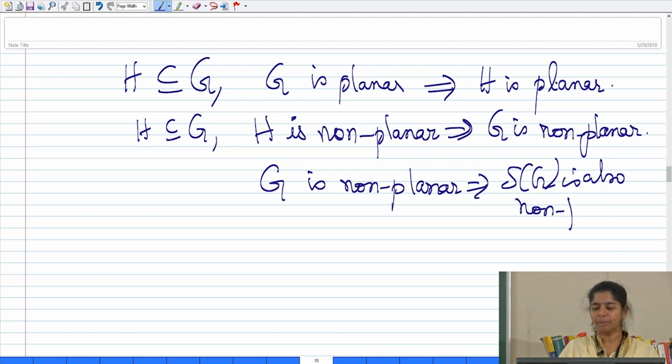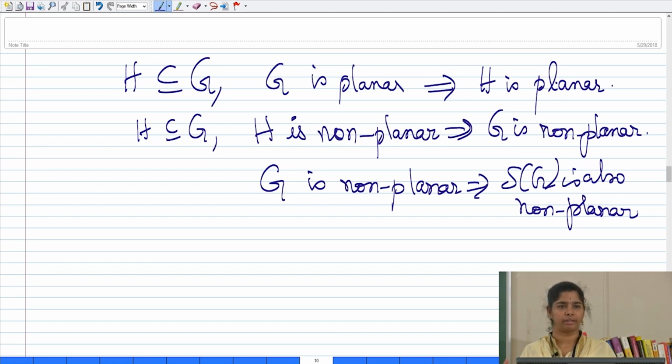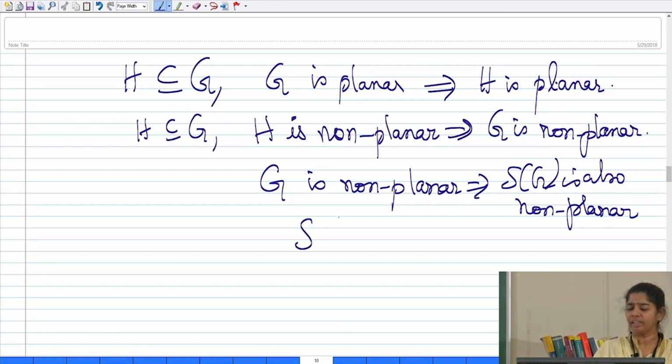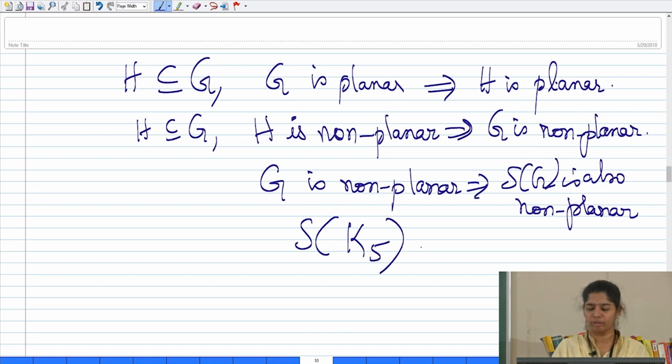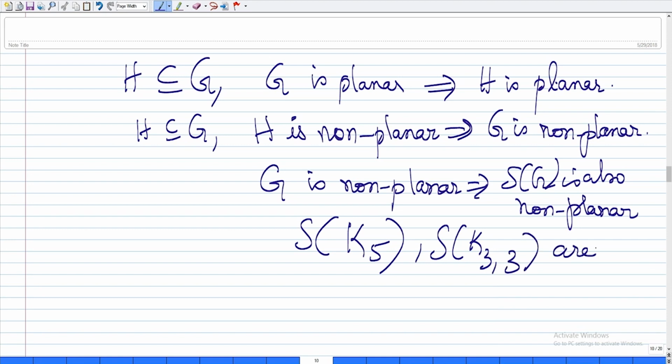I am not disturbing the planar property here. So, if G is non-planar, then S of G is also non-planar. From here we can conclude that since we know that K5 and K33 are non-planar, the subdivisions of K5 and K33 are also non-planar.